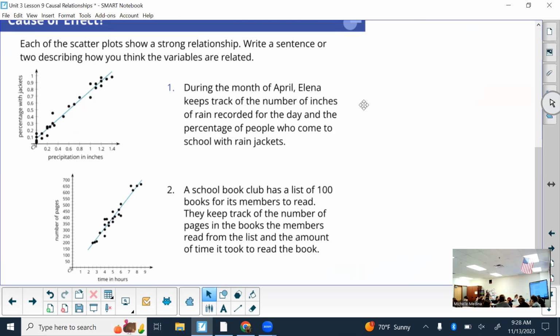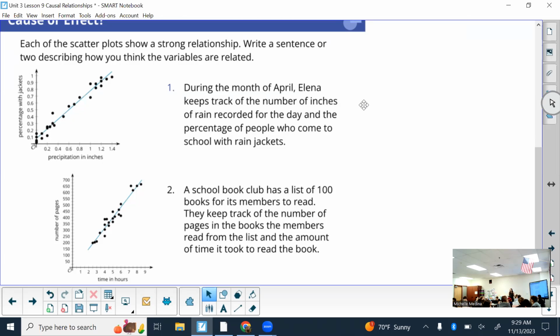So the first one, during the month of April, Elena keeps track of the number of inches of rain recorded for the day and the percentage of people who come to school with rain jackets. So you could say something about why people come to school with rain jackets when it rains more.